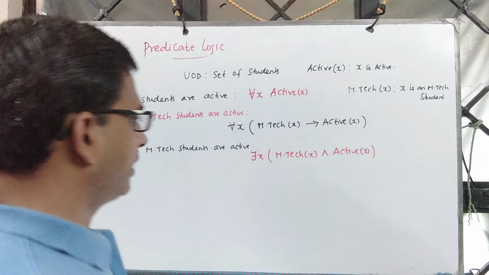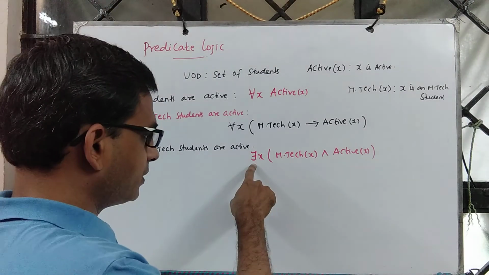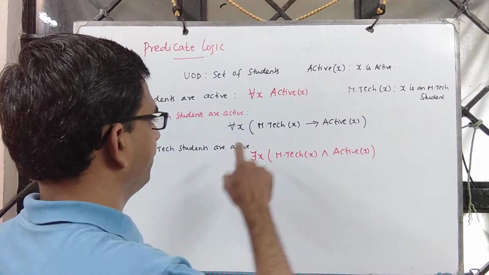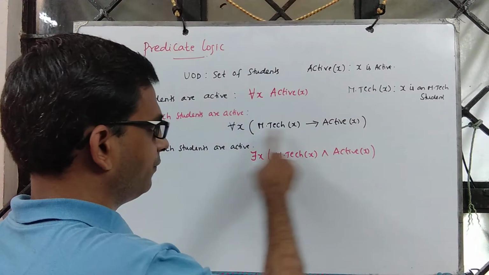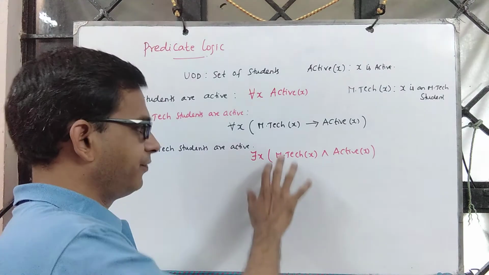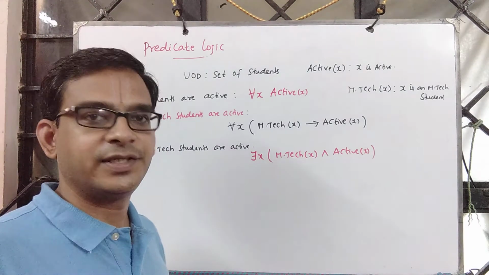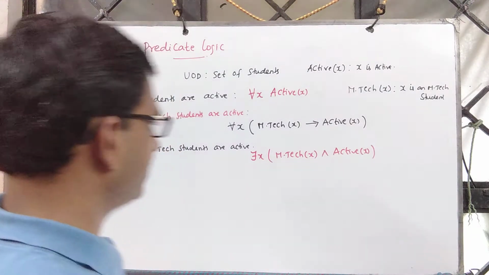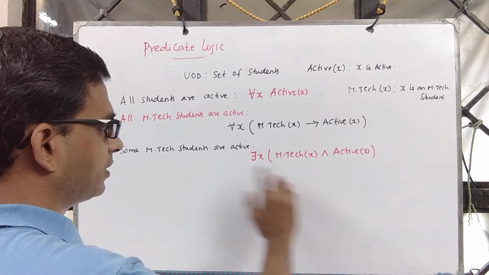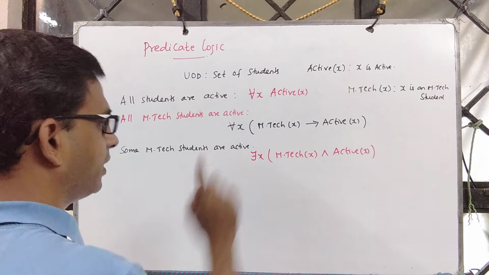So please note, when we use existential, we use the AND operator. When we use for all, we use the implication operator. We will see why. If you go through the script, justification is given, but we shall revisit and then justify why the implication operator is used for this and the AND operator for there exists.